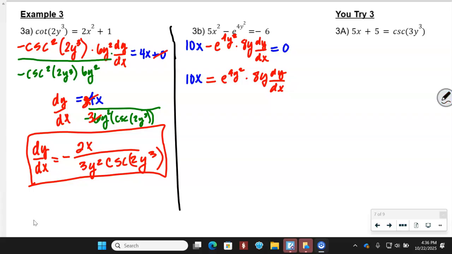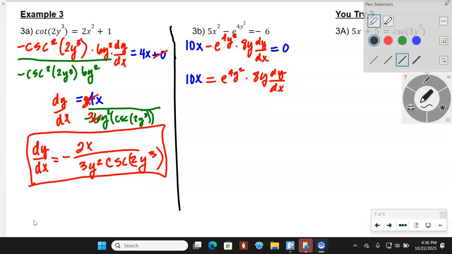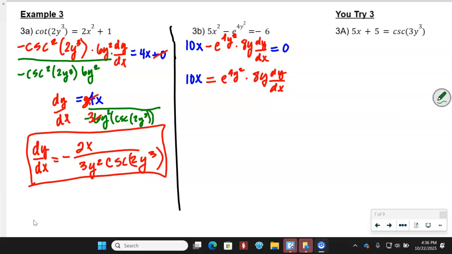So here again, we are going to divide by all this stuff, e to the 4y squared times 8y. We're going to divide both sides by that. So I'm going to put my 8y right there again, and then e to the 4y squared. So now all that's gone from both sides, and we're left with dy over dx.